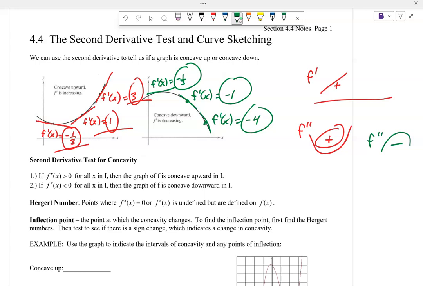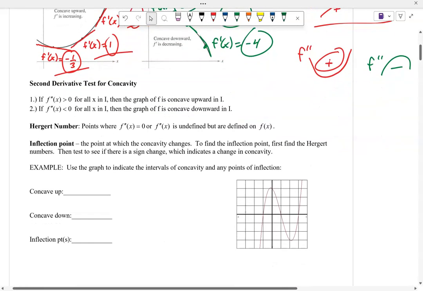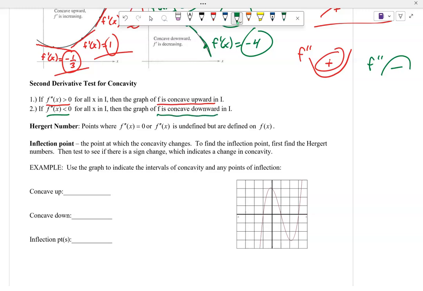So that's kind of an introduction to the second derivative test. If f double prime is positive, the graph is concave up in that interval. If f double prime is negative, which means f prime is decreasing, that means it'll be concave down, right?